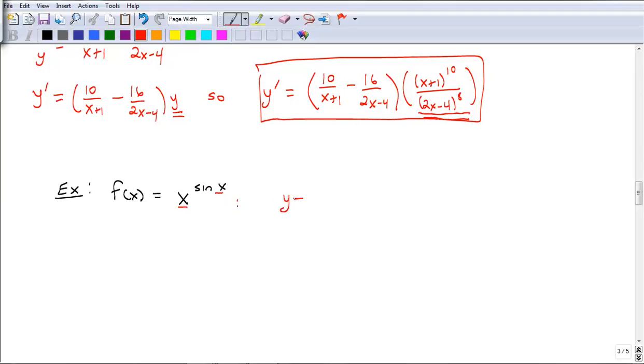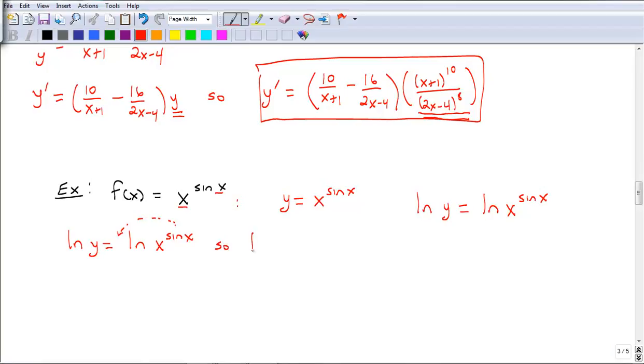So this is really y equals x to the sine of x. And I have to take the natural log of both sides so I can make that sine of x come down. Remember, if I have natural log of y is the natural log of x to the sine x, I can use property 3 of logarithms to bring the sine in front of the natural log.